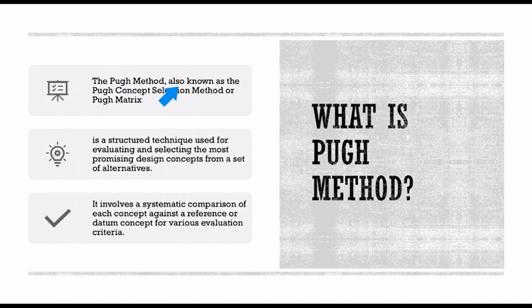The PUGH method, also known as the PUGH concept selection method, PUGH matrix, or decision matrix, is a structured technique used for evaluating and selecting the most promising design concept from a set of alternative design concepts. It involves a systematic comparison of each concept against a reference or datum concept for various evaluation criteria.